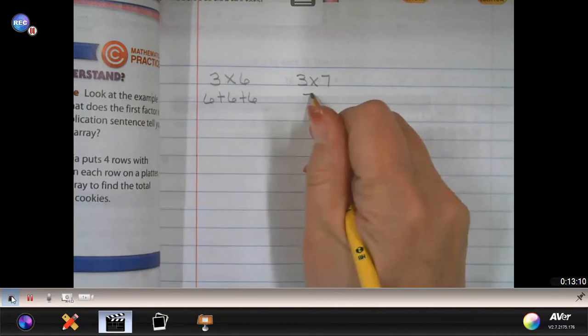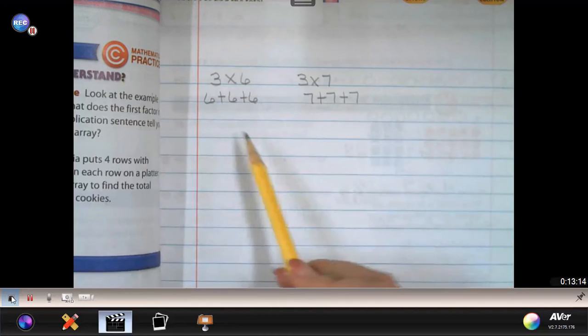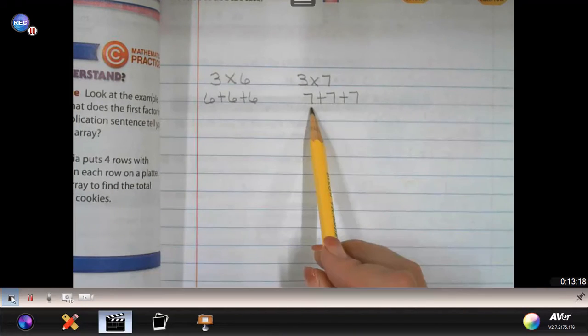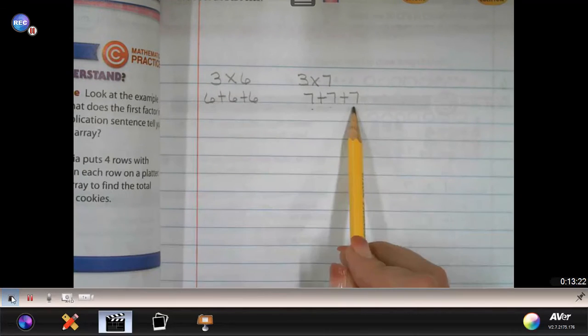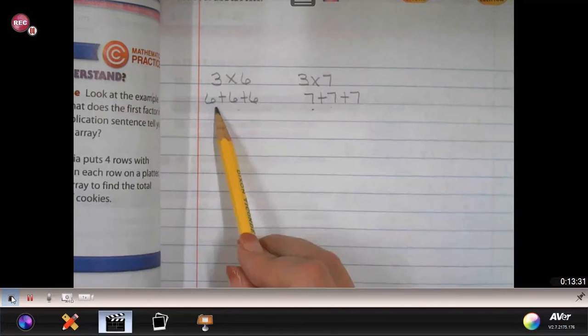Here I have 7 plus 7 plus 7. I have the same number of groups, it's just here I've got one more in each one of these groups than I do here. So 7 is a larger number by 1 than groups of 6.